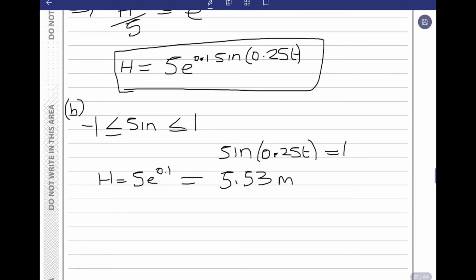So what we need to consider here is which values of t make sine 0.25t equal to 1.